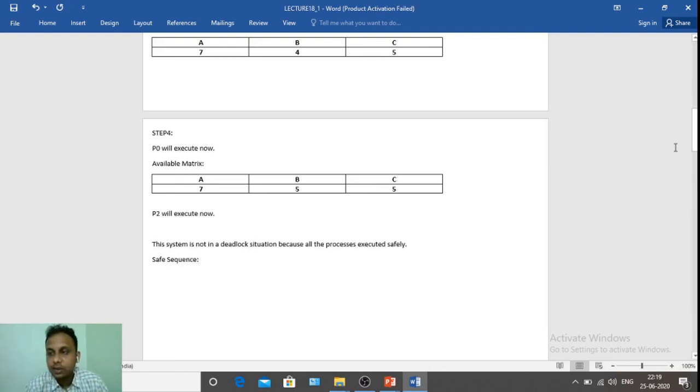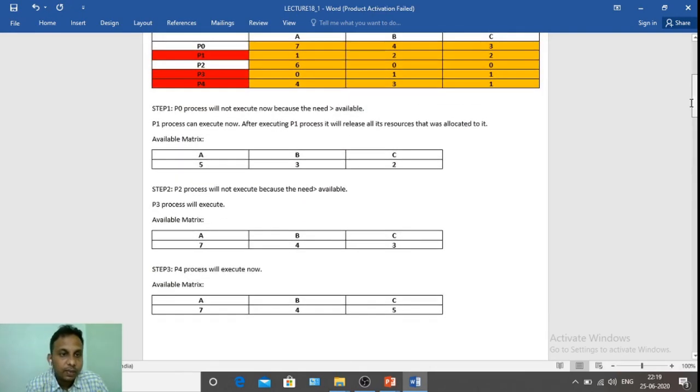And what is the safe sequence? At first we'll check which process has been executed. Go to step 1. P1 process executed first. After that P3, then P4.